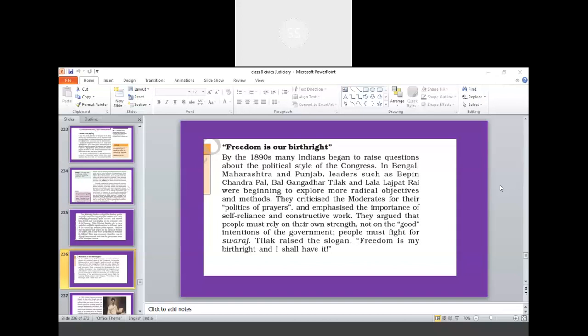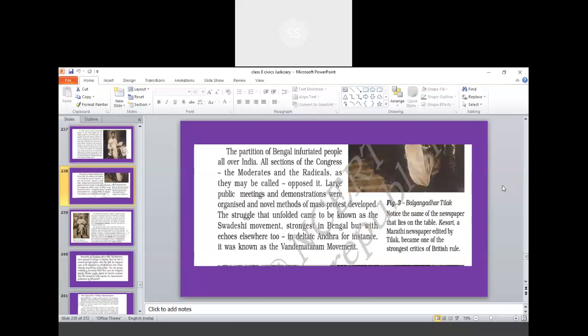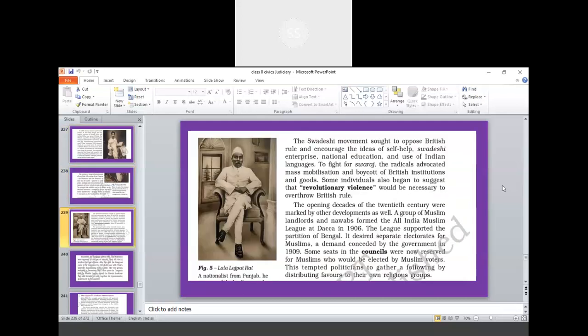What is their method? Radical means boycott of British goods. Then writing or publishing newspapers in Indian languages.